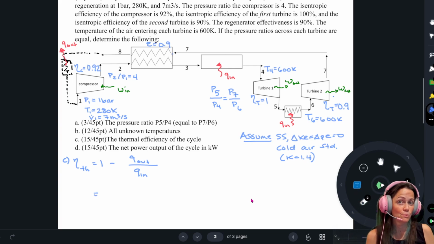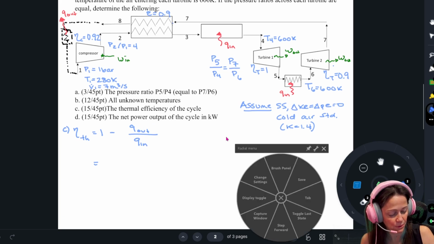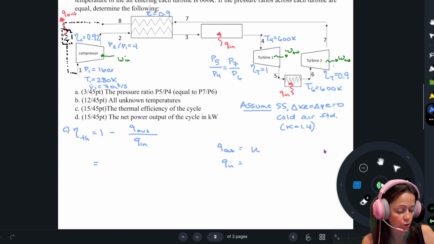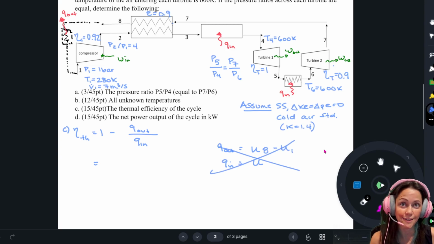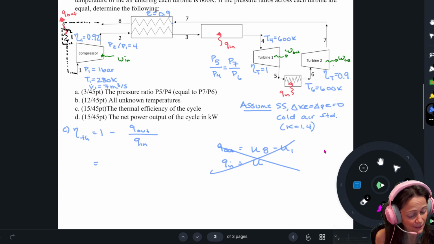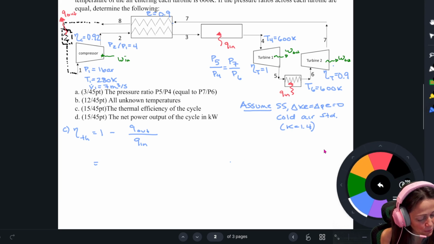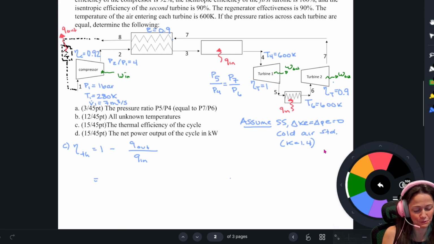I saw more than I'd like to admit lots of people define Q out, Q in and work out in terms of U's. So Q out, maybe U8 minus U1. That is absolutely, don't do that. Why would you do that? You know what an open system versus a closed system is, hopefully.